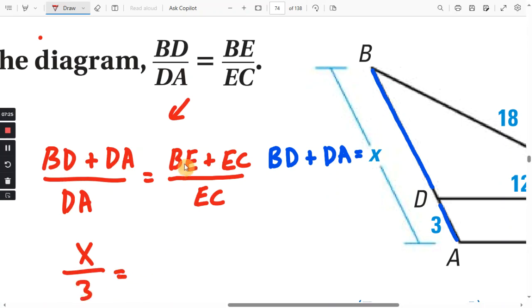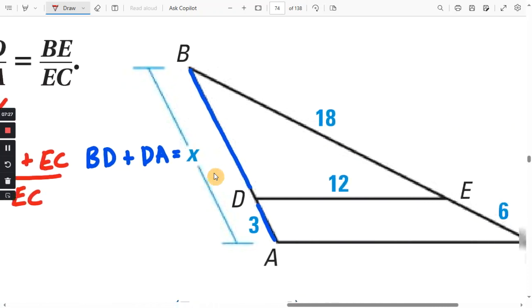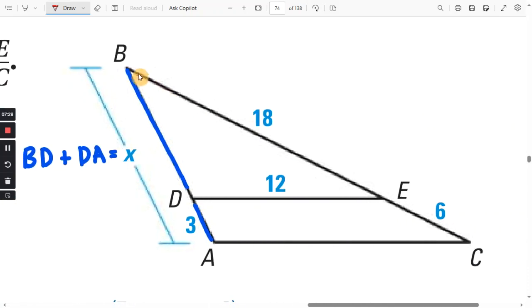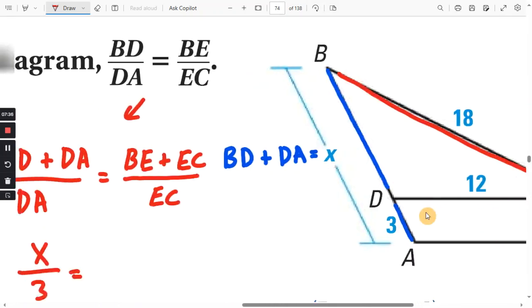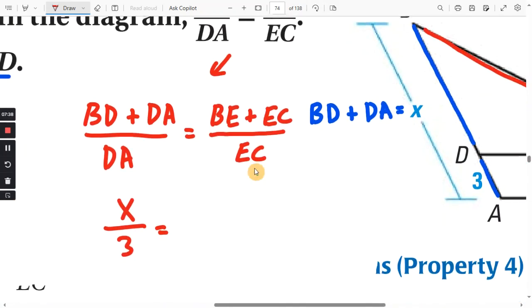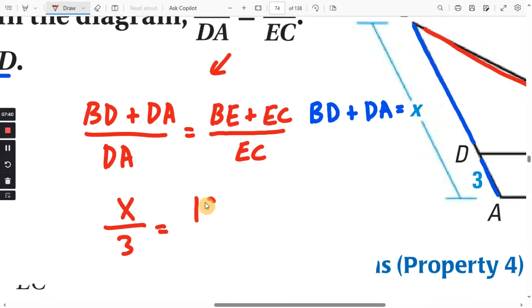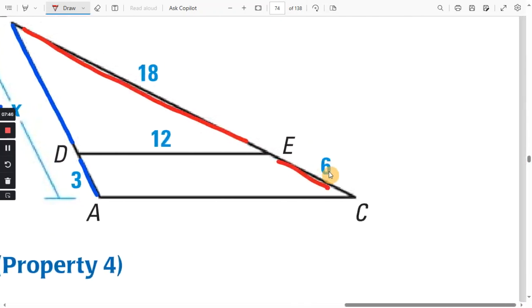On the other side, BE plus EC. Here's BE. Here's EC. So it's going to be 18 plus 6 for this right here, and EC is just 6.